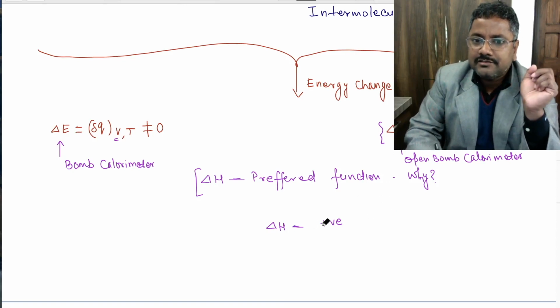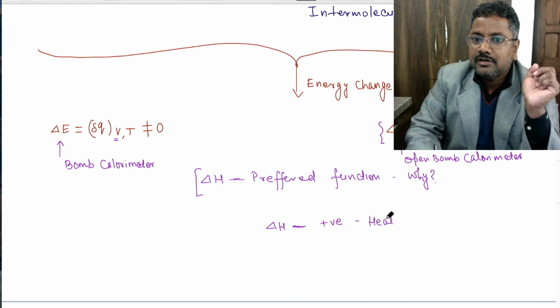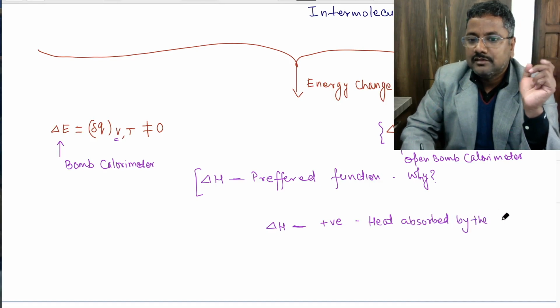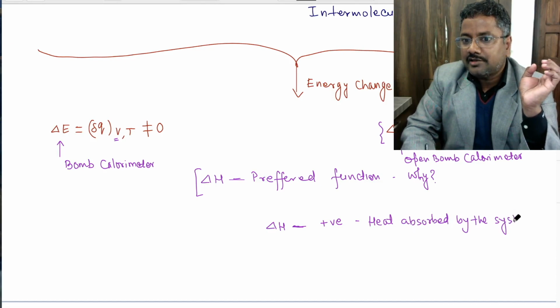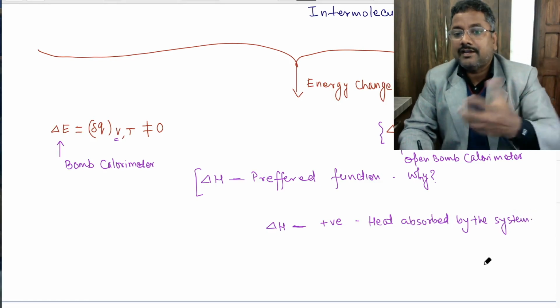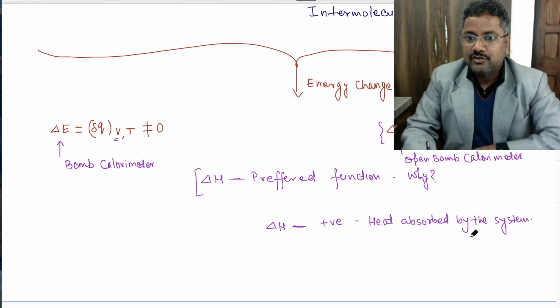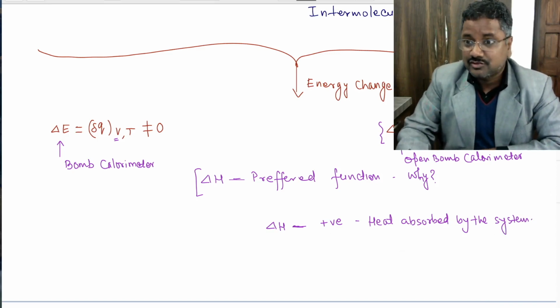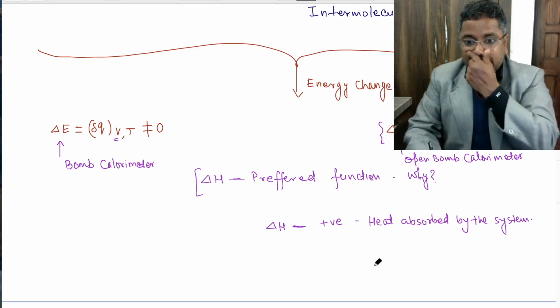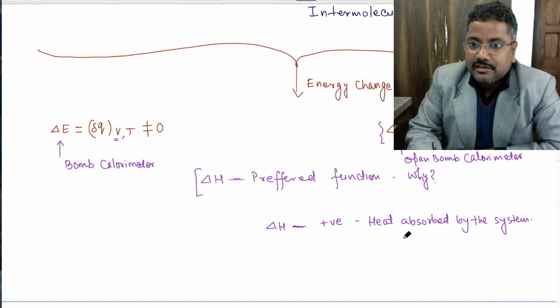Q positive means heat absorbed by the system, and here the system is the container having the chemical reaction. So such types of reactions are said to be endothermic reactions.